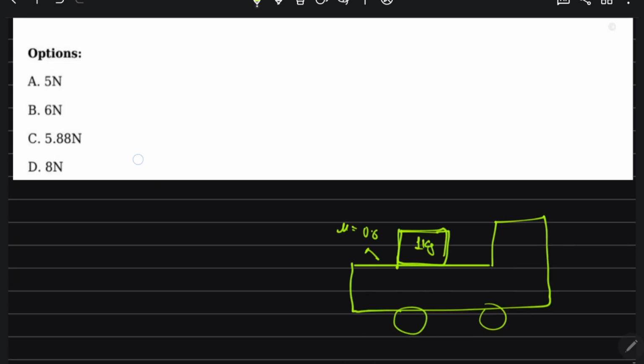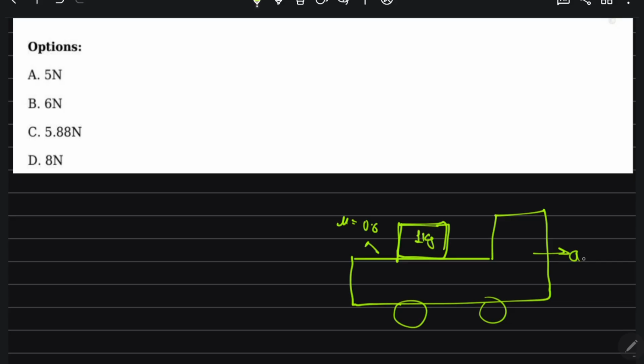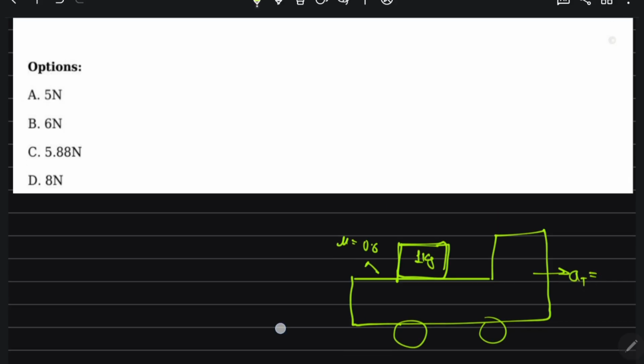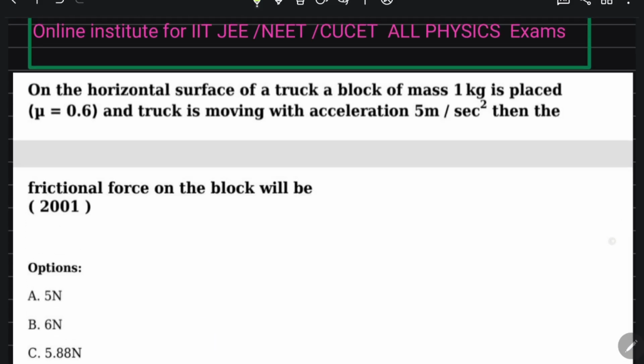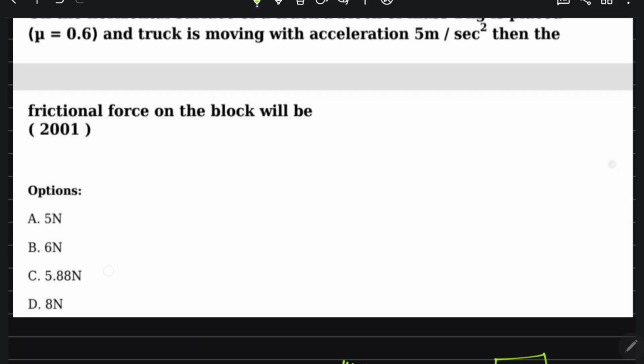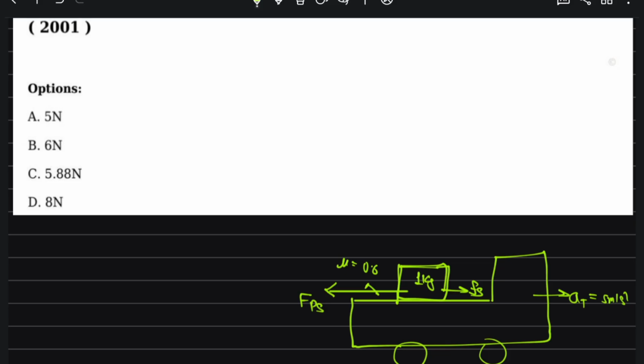The pseudo force acts on this block in this direction, so the friction force acts in this direction, right? They are asking for the frictional force.